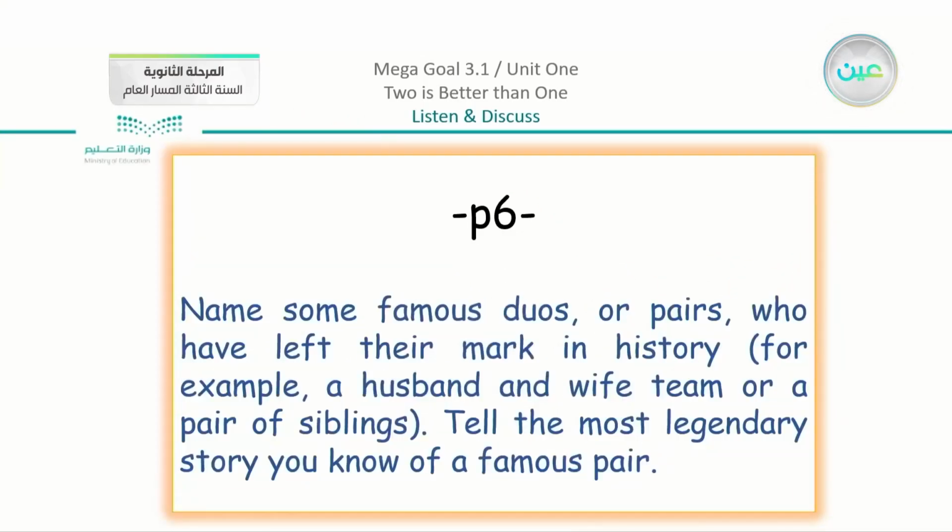Now, you have in your book, Unit 1, page number 6. We have a short introduction here. The first thing to mention: name some famous duos or pairs who have left their mark in history. For example, a husband and wife team, or a pair of siblings, for example, brother and brother, brother and sister, cousins.